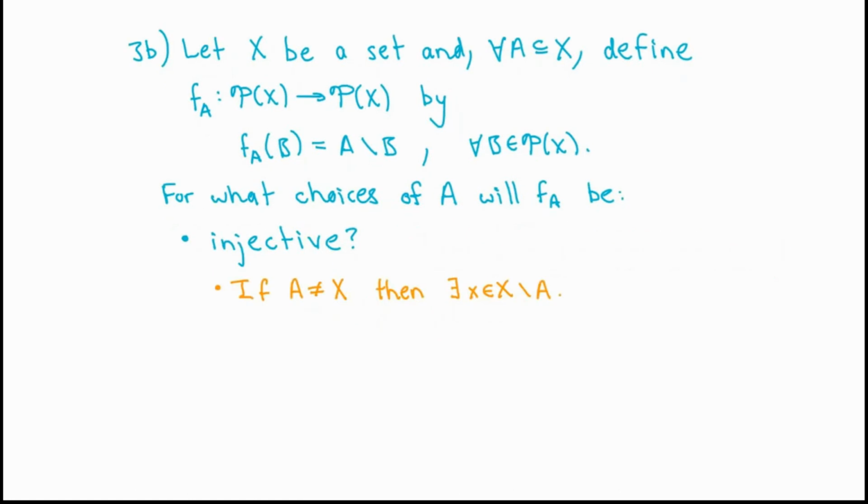To write that out with a little more detail, let's suppose that A is not equal to the whole set X. Well, then there exists an element little x in X which is not in A. Now, of course, from the definition, we know that f sub A of the empty set is equal to A set minus the empty set, which is just A. But since the element little x is not in A, f sub A of the set containing little x, which by definition is A set minus the set containing little x, is also equal to A. Now we've shown that there are 2 different elements of the domain which map to the same element in the range.